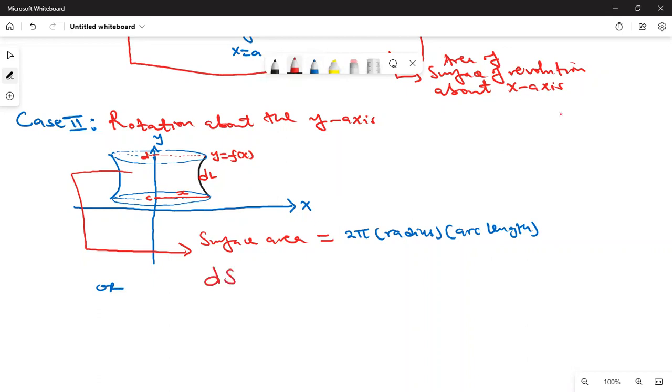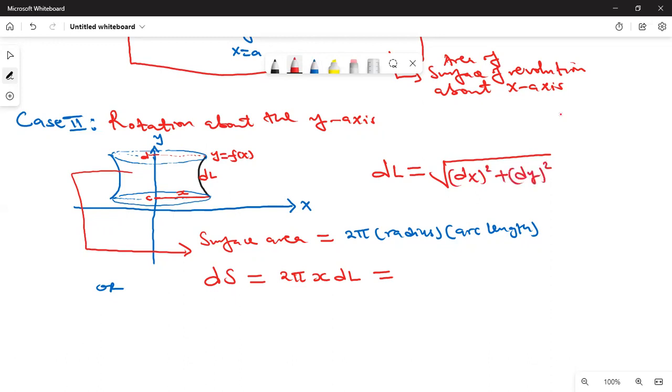So ds is equal to 2 pi. Now our radius is x, not y. Then arc length is dl, which we know to be, now look at dl in this case. In this case dl is given by the square root. Now you factor out dy squared. Remember it is dx squared plus dy squared.